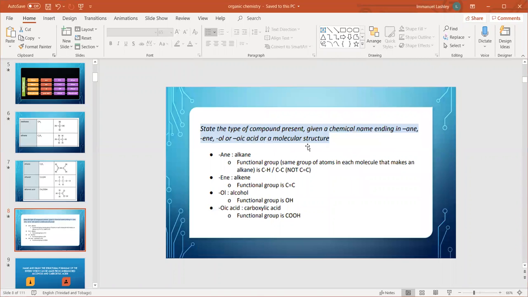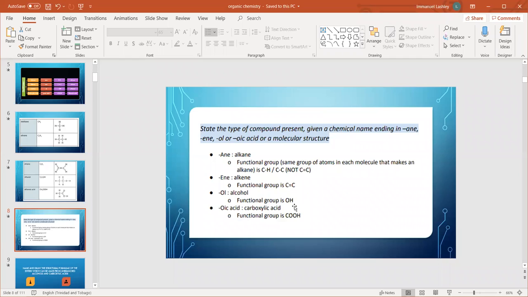So from your objectives, you need to be able to state the type of compounds present, give a chemical name ending in ANE, ENE, OL or oic acid, or a molecular structure that we just embarked upon. ANE represents alkanes, just to go back over it. ENE represents alkenes. OL represents the presence of an alcohol, and oic acid represents the presence of a carboxylic acid.